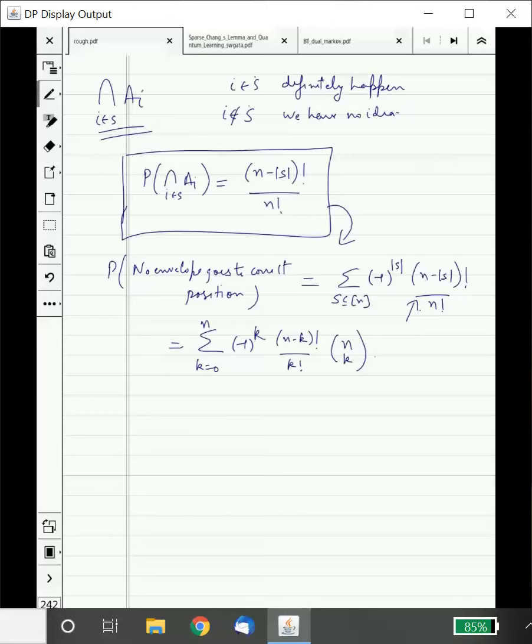So we get this formula from inclusion exclusion. It looks like 1 minus 1 by 1 factorial plus 1 by 2 factorial minus 1 by 3 factorial and so on. If you do some bit of analysis, this approaches 1 by e. So as n becomes close to infinity, the probability that no letter goes to the correct envelope becomes 1 by e.